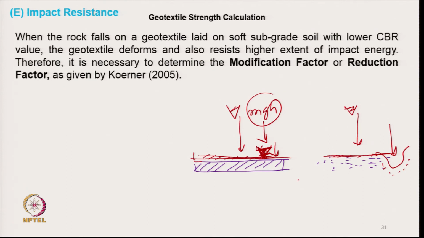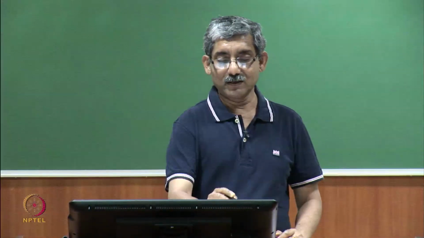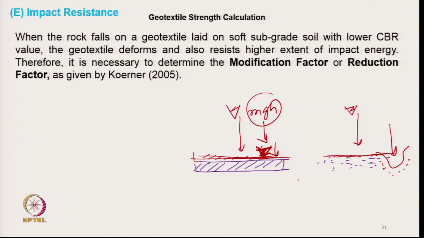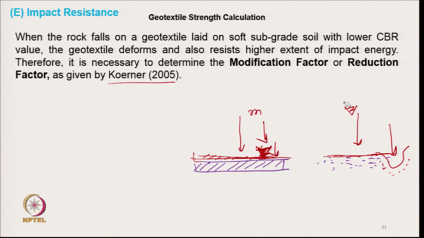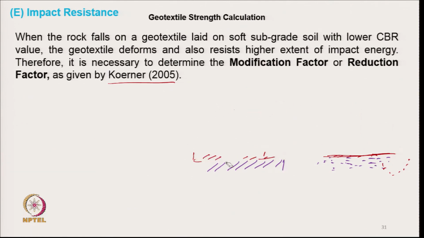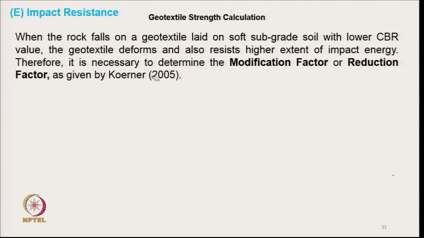So, that is actually called the reduction factor, or modification factor. It has been proposed by Koerner in 2005. The softness effect will reduce the effective impact energy on the geotextiles.